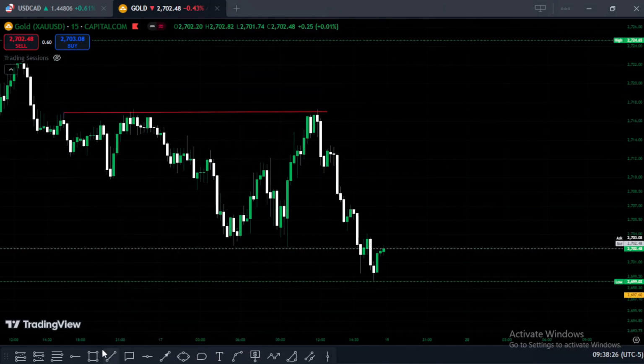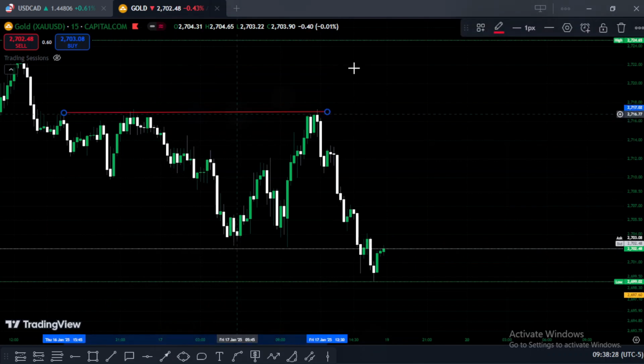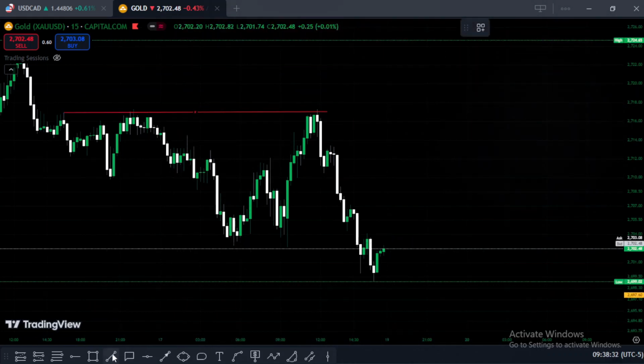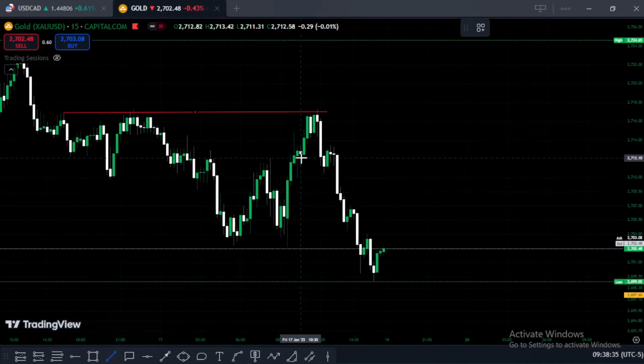Let me mark this for you on the X. After that, what do you want to see? A displacement. Over here we had a lower low, lower high, lower low. Okay, it's very confusing.